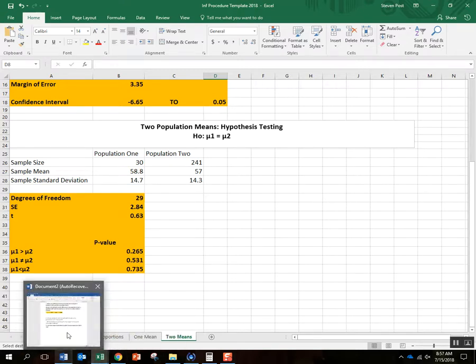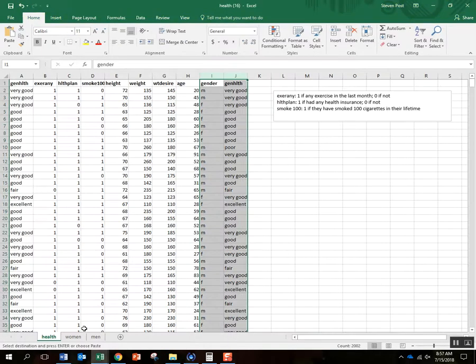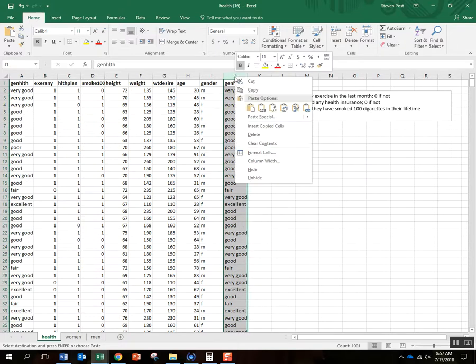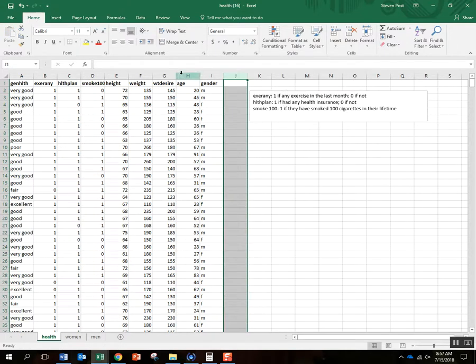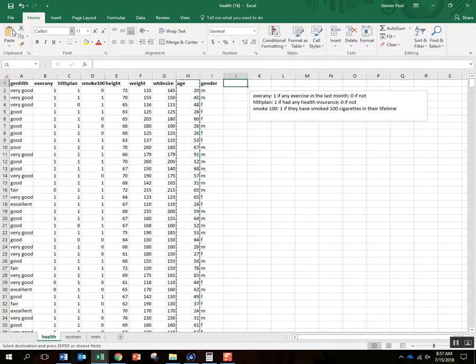Okay, so what was our research question again? Is the mean age of adult women greater than the mean age of adult men? So let's go back to our health data. And now we will get rid of this column and put the ages there. And again, with the help of StatKey, we'll get the numbers we need.